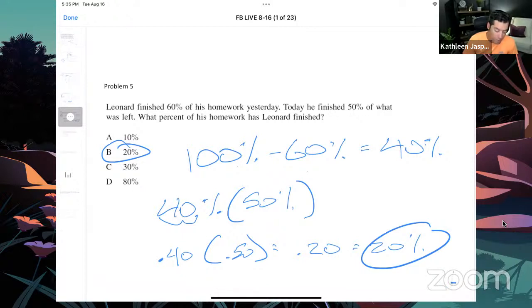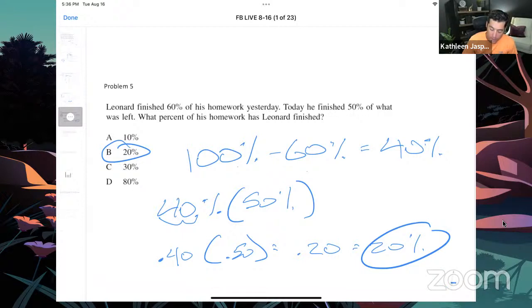You can never have more than 100%. If he had 10 problems on his homework, then 10 problems represent 100%. You can't have 11 problems, which is 110%, when there's only 10 problems. It's just not relevant.